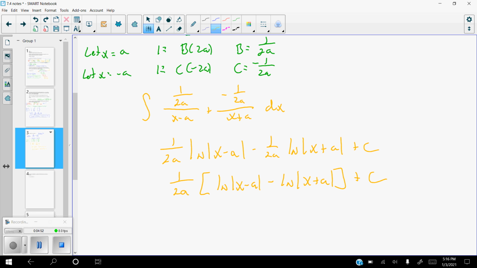But we're still not done, because I can combine those two natural logs through subtraction, by condensing two natural logs.